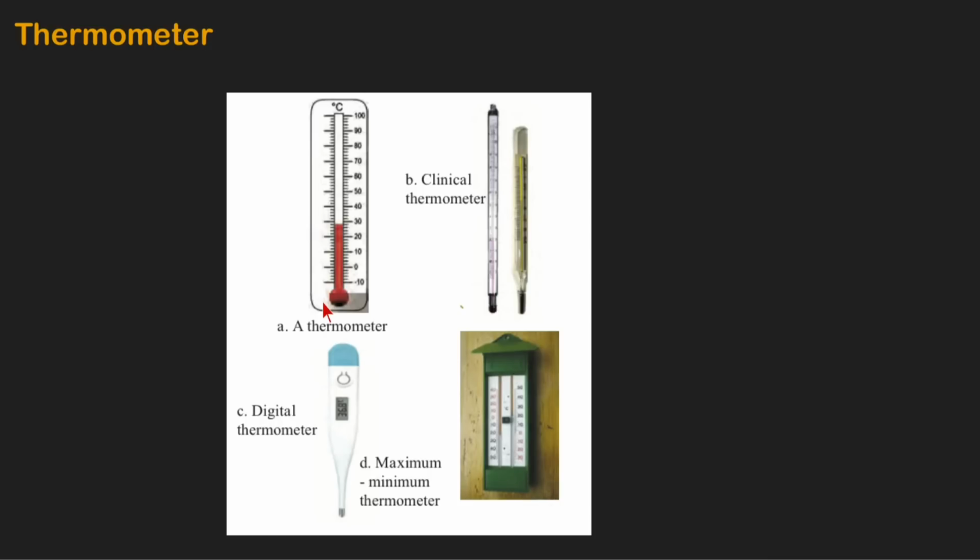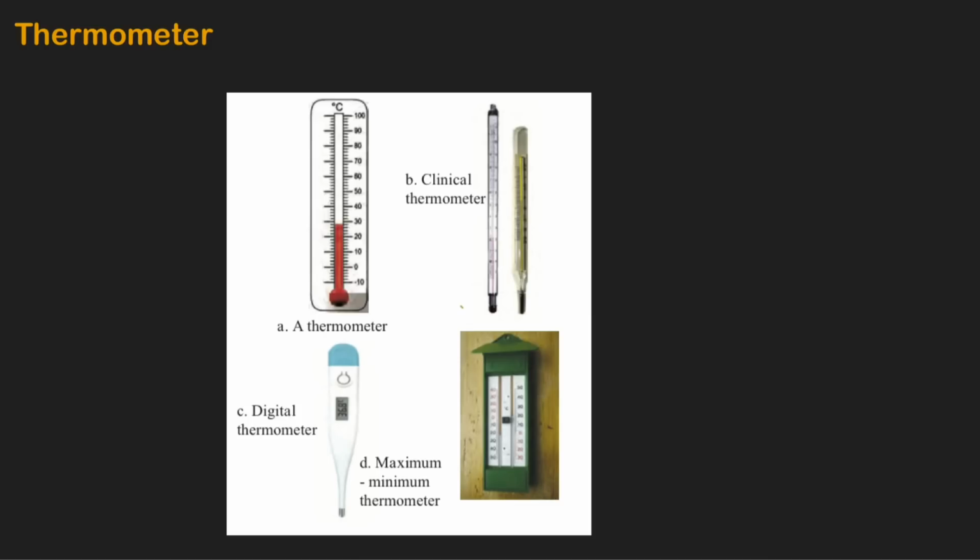When it is in contact with an object having some temperature, that mercury or alcohol expands and its level in the tube rises, and that rise in its length shows the temperature of that object. Here we can see the different types of thermometer.